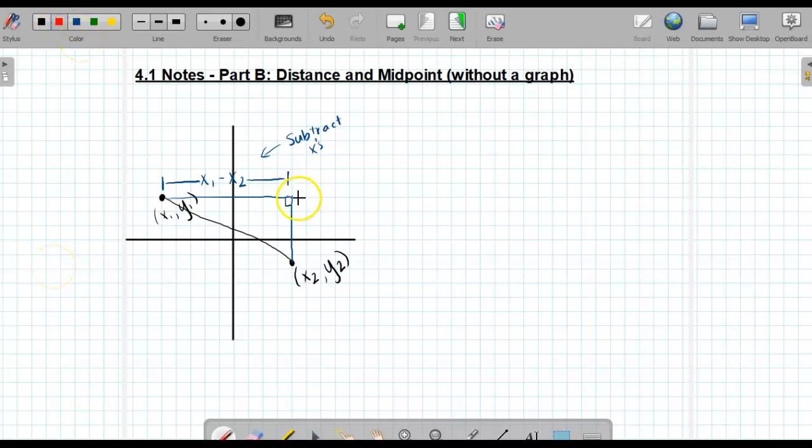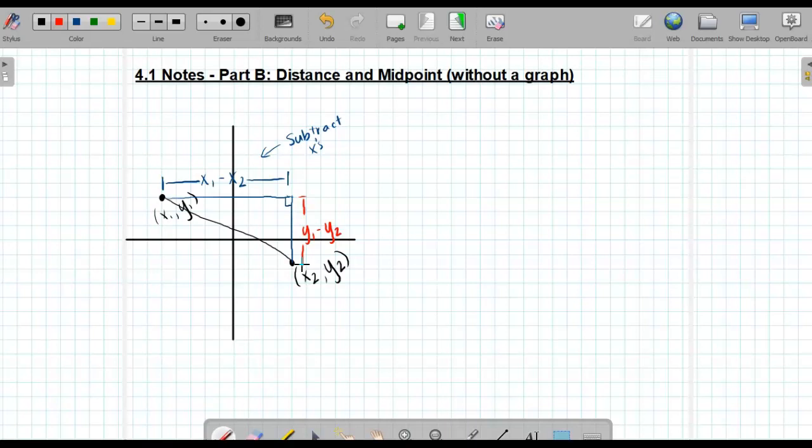And for the vertical, anybody want to take a guess at what you could do? Yep, y1 minus y2. Subtract your y's. Now I do need to tell you that it's not necessarily going to give you the right sign. You might do y1 minus y2 and it might give you a negative number.